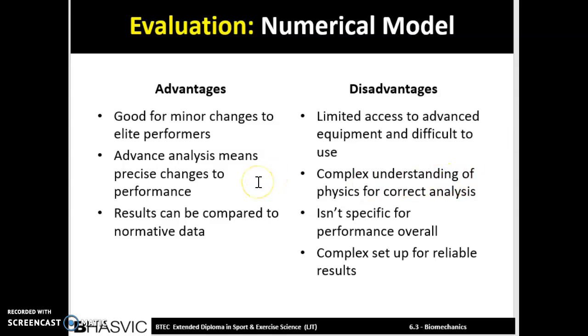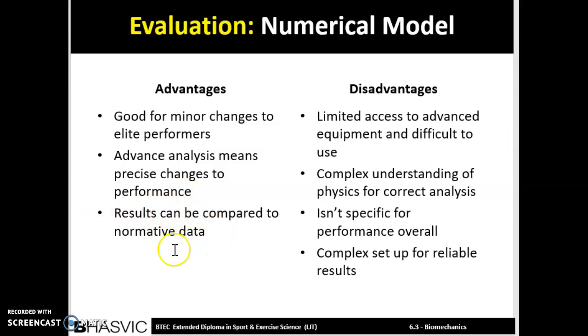Another advantage, advanced analysis, means that they can make precise changes to performance. So this advanced analysis shows that they can then specifically identify where exactly, probably to the millisecond, that they are lacking, and that is then able to be tweaked and changed, so that goes in with the minor changes to their elite performers.